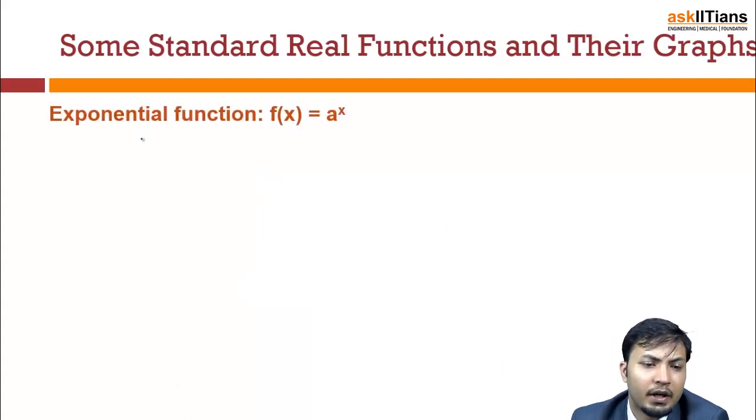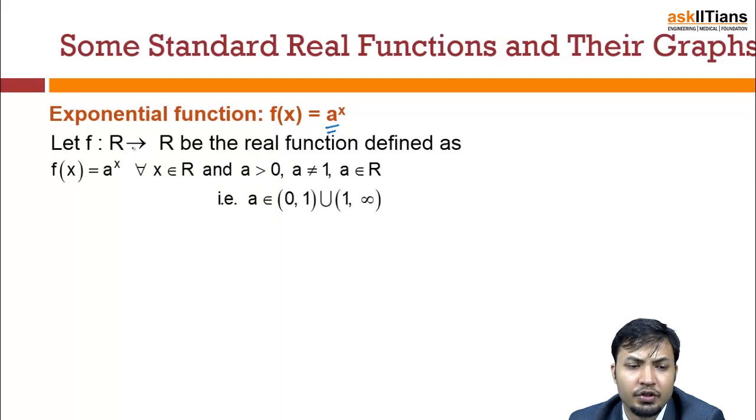Now let's move on to an interesting one. I have the exponential function. Basically I write the variable in the exponent form, so that is why we call it the exponential function. From here the function will run from R to R, and my f of x is written like a to the power x. a is some constant.